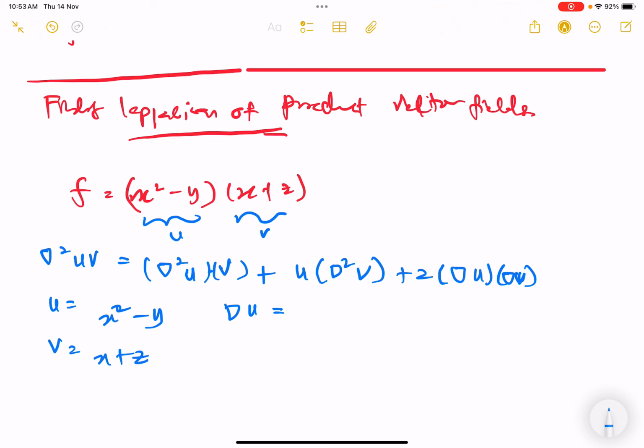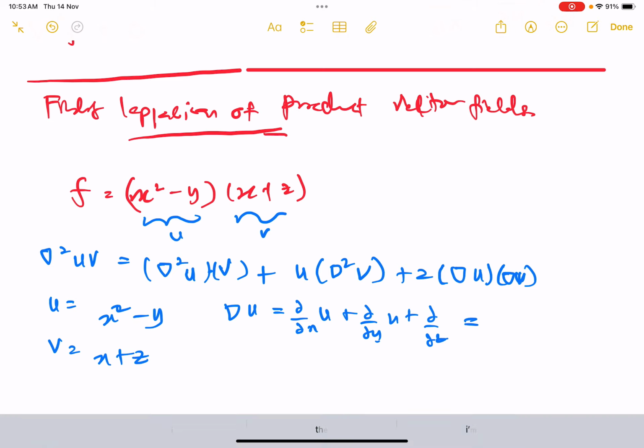Divergence of u over x, or in general, we have u; first we derive with x, we derive with y, we partially differentiate with z. So we get 2x for x.